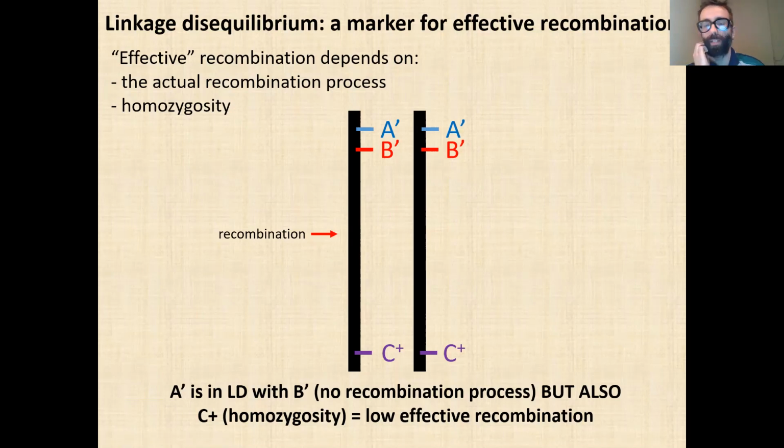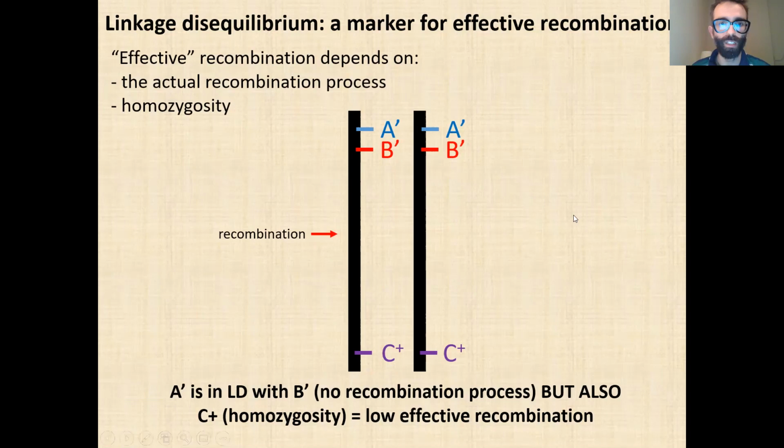That means that it doesn't matter whether there is recombination or not, because B prime will always be found with C plus, and A prime will always be found with C plus, and A prime with B prime, but that we knew already because there is no recombination happening between them. So with high homozygosity, we're going to have very low, very inefficient recombination.